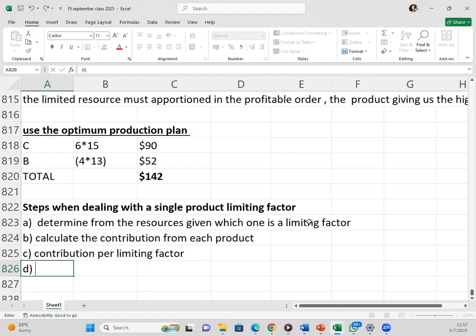So after you determine the contribution per limiting factor, you then rank your products.